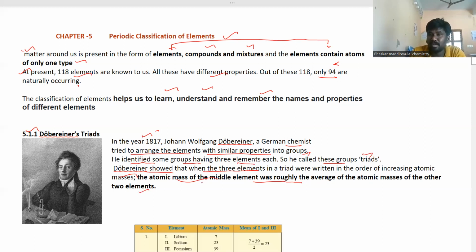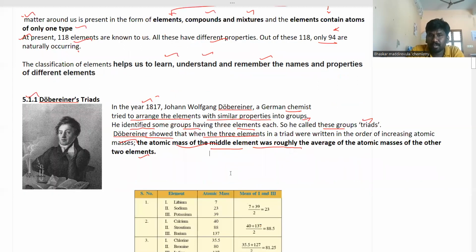This was what he found, while arranging elements in increasing order of atomic masses.